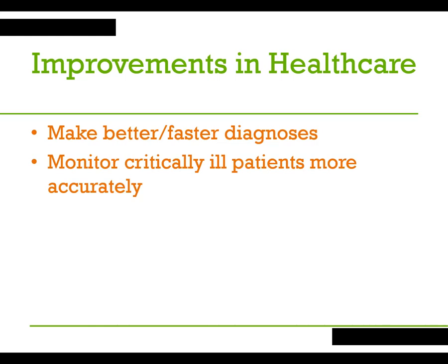Another aspect, certainly critically ill patients. You may need to monitor them 24/7, but it could be very expensive to have a nurse dedicated to just sitting in the room watching that patient constantly. Instead, put some technology in place. That nurse can be roving among dozens of patients, and the equipment will track everything and alert the nurse only when there's an issue.